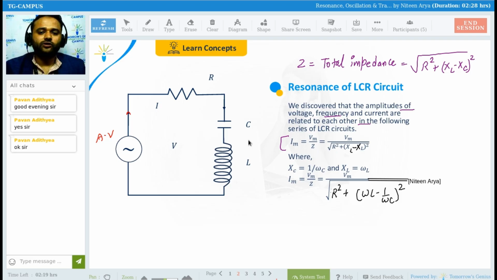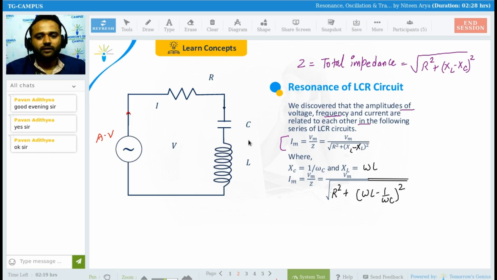So that is your Z, where XC equals 1 by omega C and XL is omega L. Is this clear, everyone? We did that in the previous class.